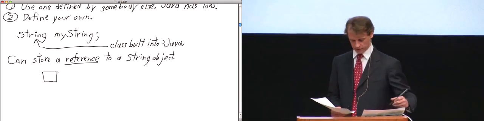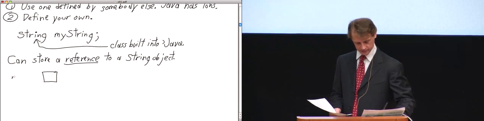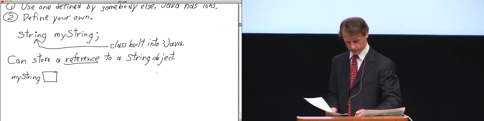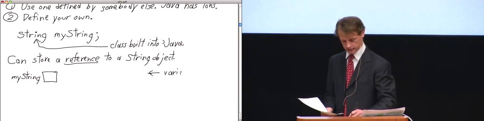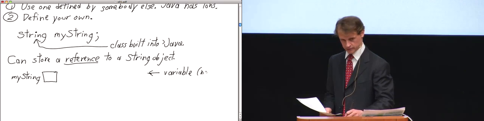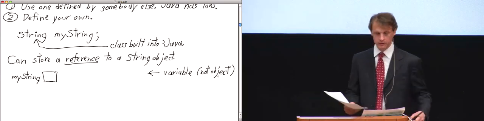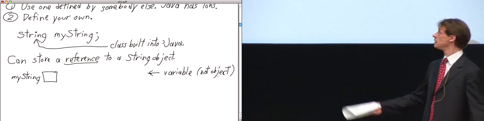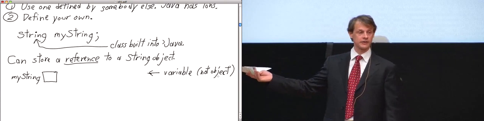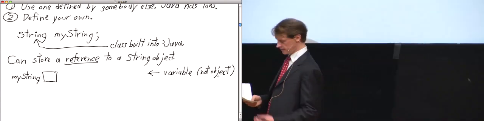So there's our variable. It's called myString. Again, remember, this box is not an object, it's just a variable. Initially, this reference doesn't reference anything. It doesn't point to an object yet.